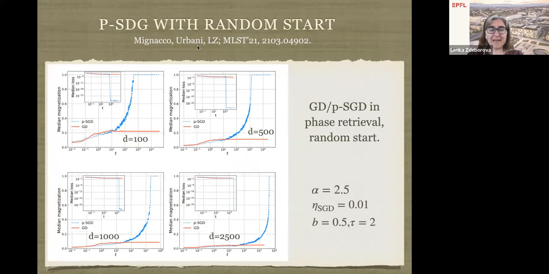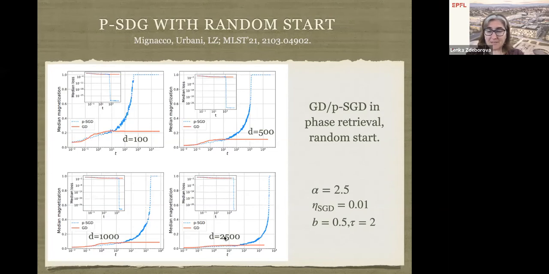And when we put it back to the phase retrieval problem, the setting did not change, we look at how large the alpha, the number of samples over the dimension, can be so that we are finding this way something close to zero test error, and we look at it as a function of the dimension to have a good idea whether this is something that persists as the dimension indeed goes to infinity.